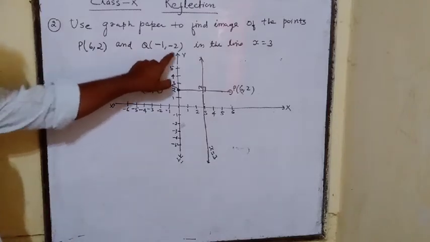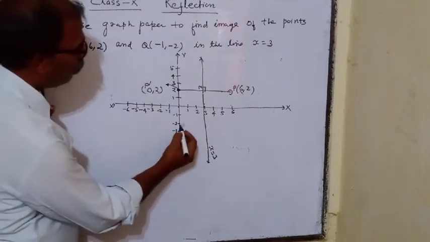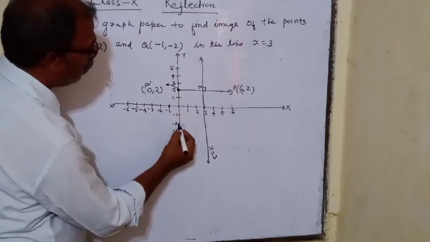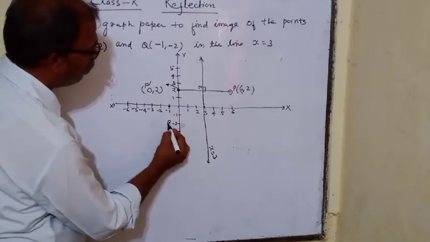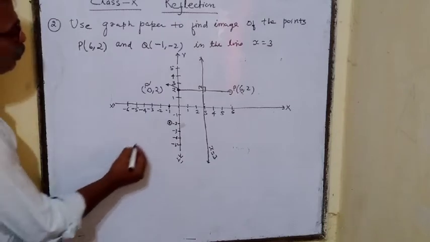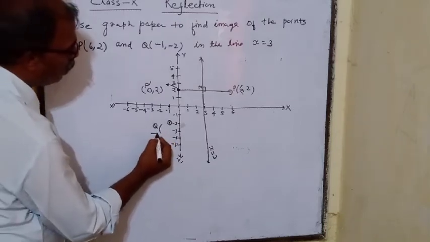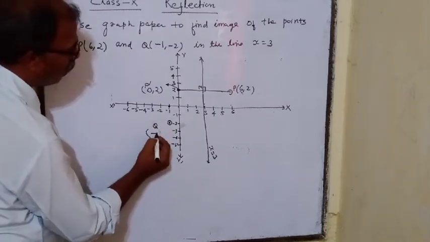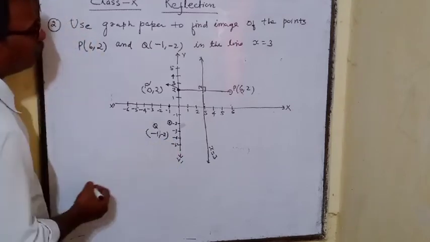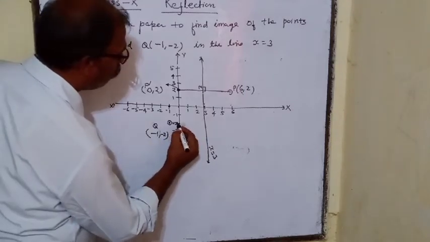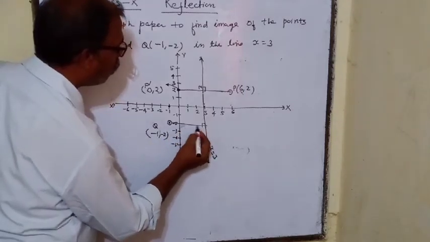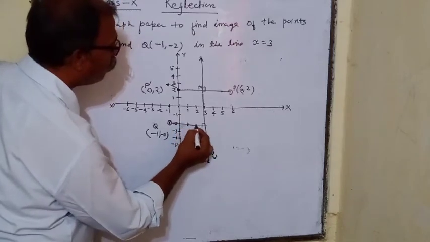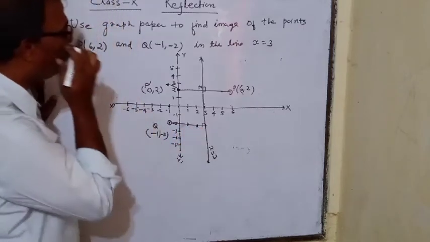Now second point is Q. So Q is (-1, -2). So minus 1 here and minus 2 here. So this is the point, and its reflection we have to see. From here we will start counting the distance. So 1 unit, 2 unit, 3 unit and 4 unit.